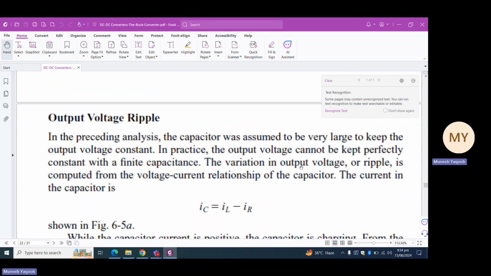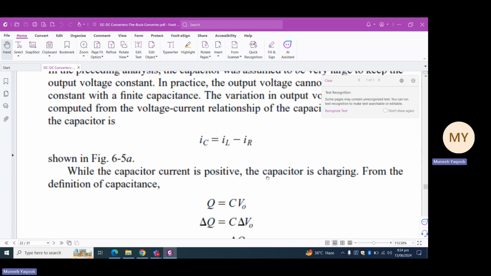Now coming to the ripple voltage expressions, as we know from the basic configuration of the buck converter, if we apply KCL, we get to the conclusion that IC is equal to IL minus IR.